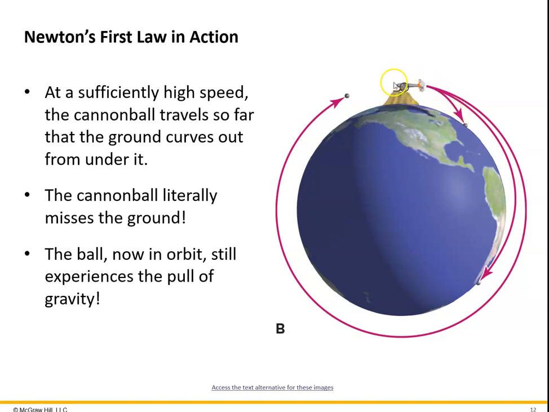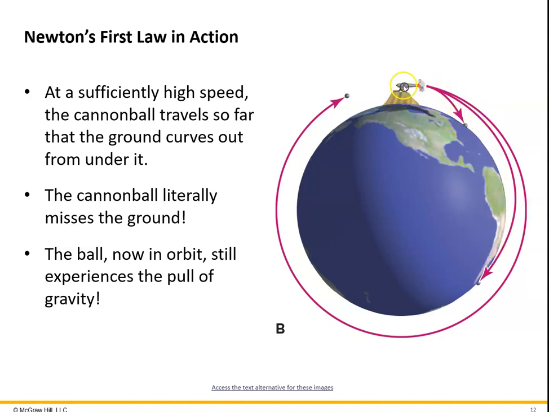By the way, in this picture he's not taking into account air resistance, because you have to get up above the atmosphere, otherwise the orbit gets degraded very quickly. Anyhow, the idea is what's important. If you fire the cannonball with a certain velocity, it'll go a certain distance. Greater velocity, greater distance.